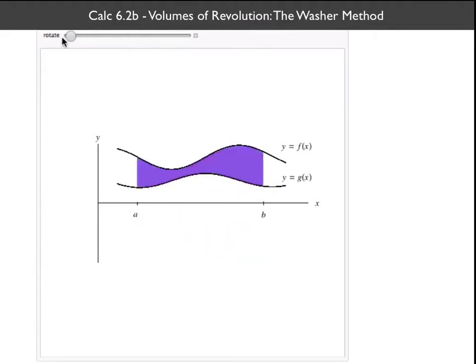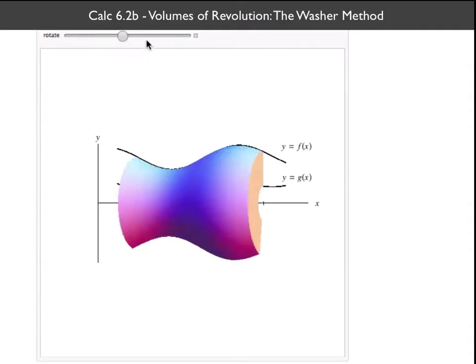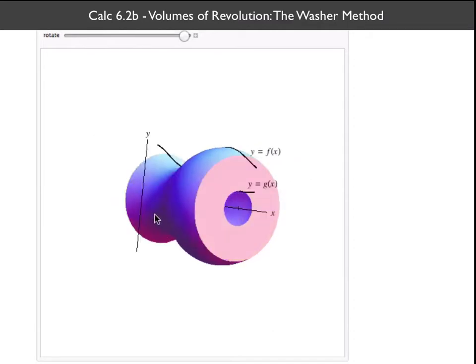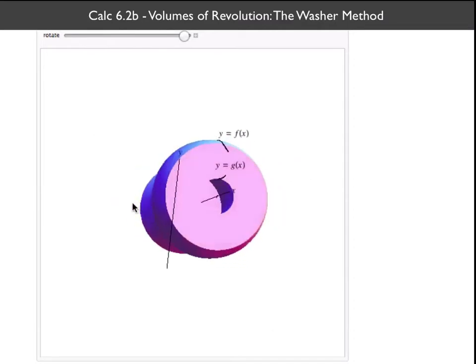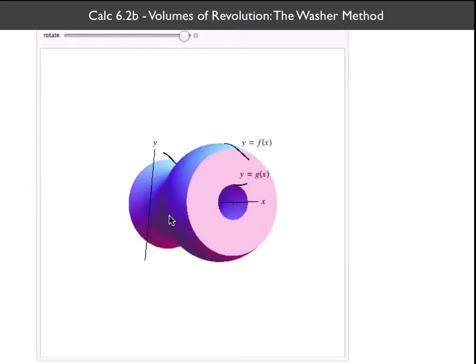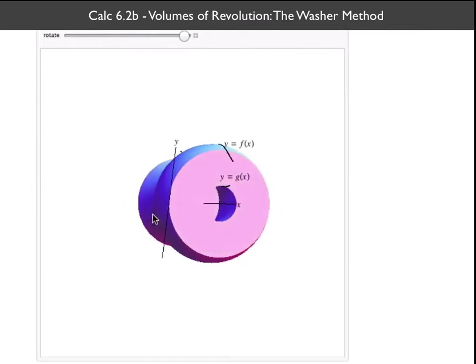And if we draw the solid as we go, you can see the solid of revolution that's being created here. Because our two functions aren't on the axis of revolution, we do get a hole right there in our solid.